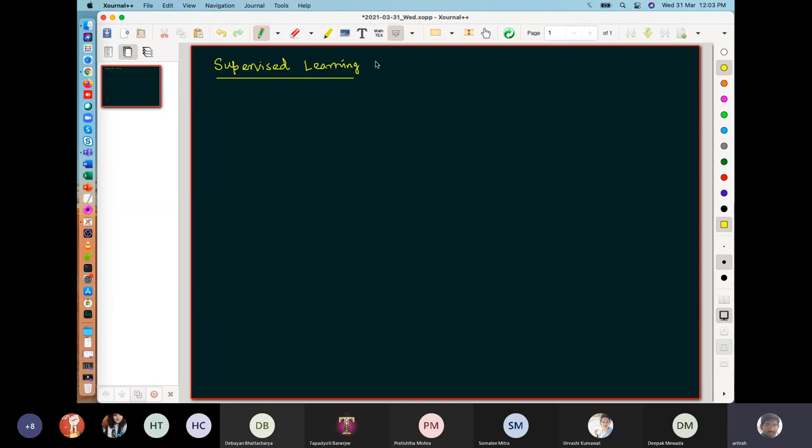In the supervised learning setup, there is always a teacher, because you are given an example x1 and the correct output for that example. Similarly, you are given such training examples up to xn and the correct output. So there is always a teacher to help you in every sense.